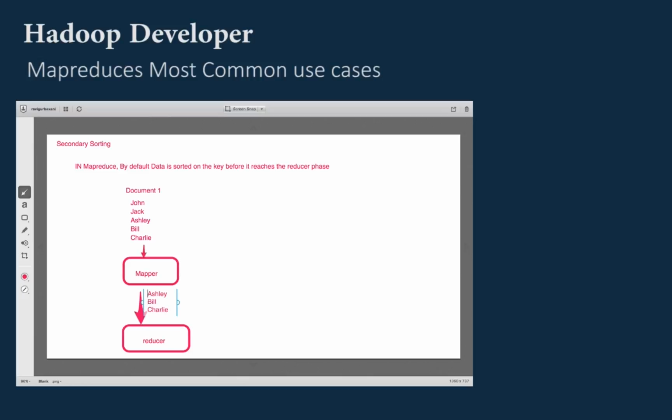So it'll be Ashley, Bill, Charlie, Jack and John. So if this was the key, it would invariably be sorted for us. And that's how it works. We don't have to do anything additional. It's part of the core framework.